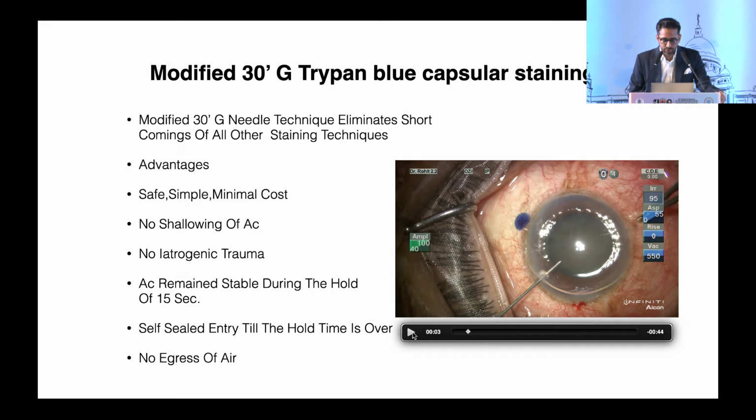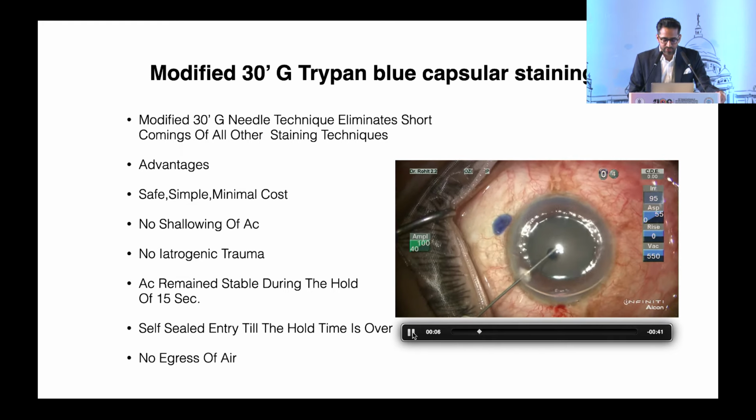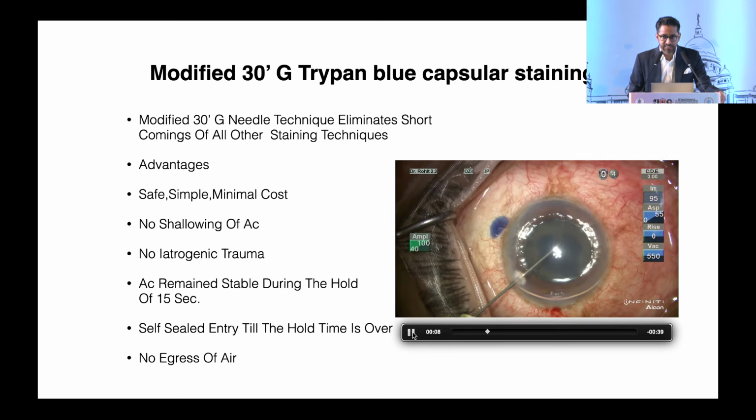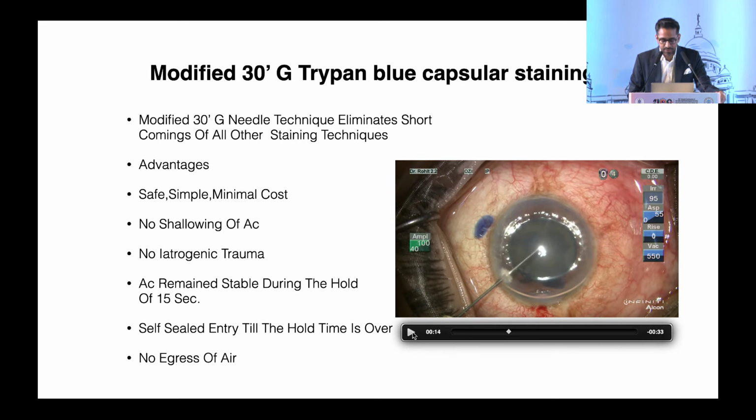It is entered through the peripheral cornea, you can see here, and a few drops of trypan blue dye are injected under air. The advantages of this technique are that it is safe, simple, minimal cost, no shallowing of AC is seen, there is no iatrogenic trauma, AC remains stable during the whole time of 15 seconds, and it is a self-sealed entry till the whole time is over, and there is no egress of air throughout.